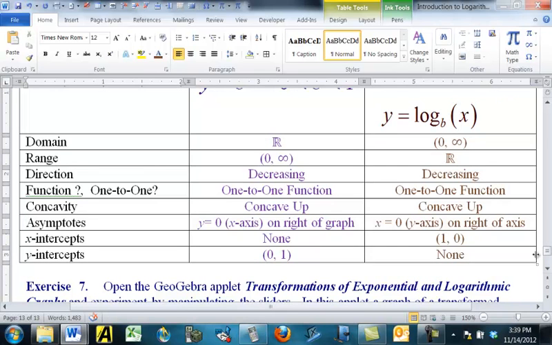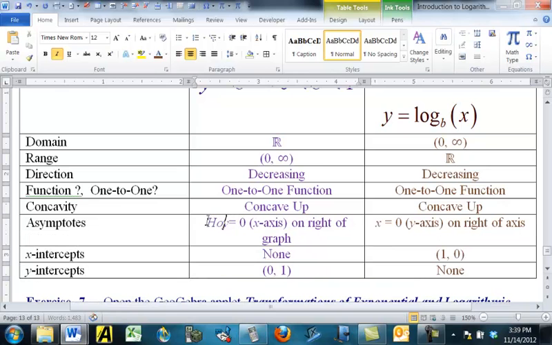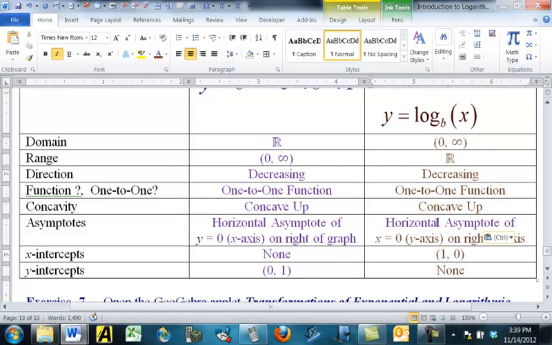So the asymptotes, again, let me emphasize that it's a horizontal asymptote of y equals 0 on the left, whereas this one has a vertical asymptote of x equals 0.